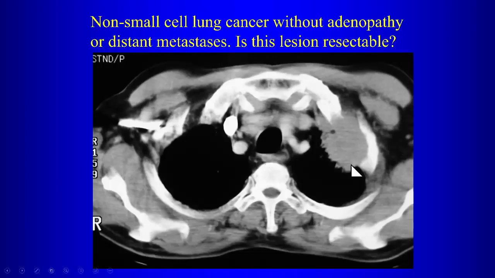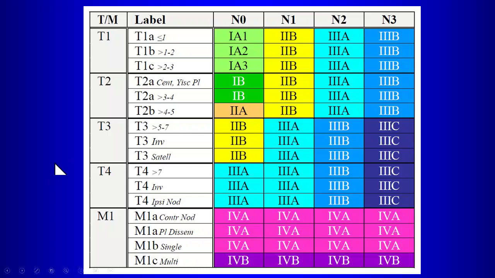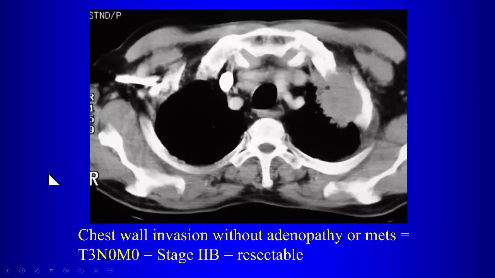I told you that the tumor is right here. Here are the vessels. Is this tumor resectable? It is. Remember, the chest wall is resectable, right? So involvement of the chest wall is T3 disease. T3, N0, M0, stage 2B, resectable, okay? So the chest wall and the parietal pleura are all considered resectable structures, okay?